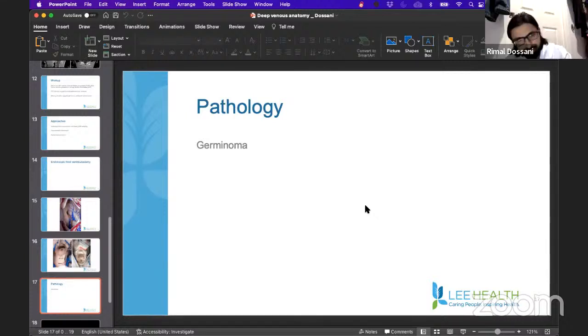That's a very good question, and we thought about all of those considerations. One of the benefits of doing the endoscopic procedure is that you're going to be in the ventricular space. So it is better to avoid doing a lumbar puncture in the setting of obstructive hydrocephalus. If you're going to be there endoscopically, then you can send the CSF at that time. Secondly, the germinoma is a very bland tumor.